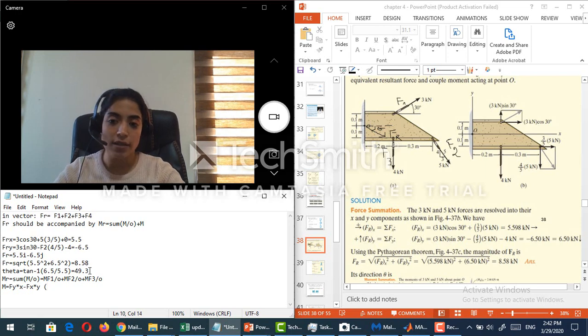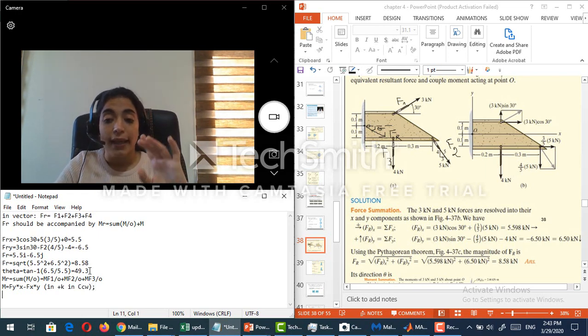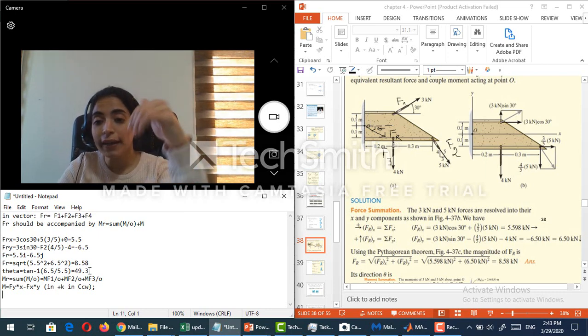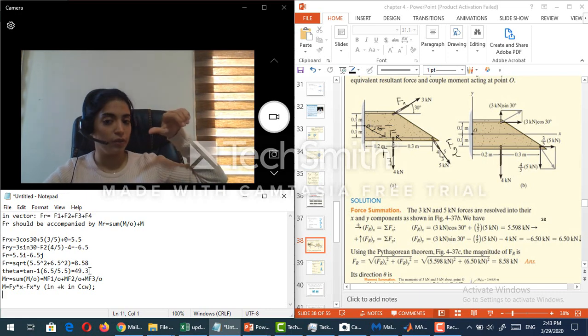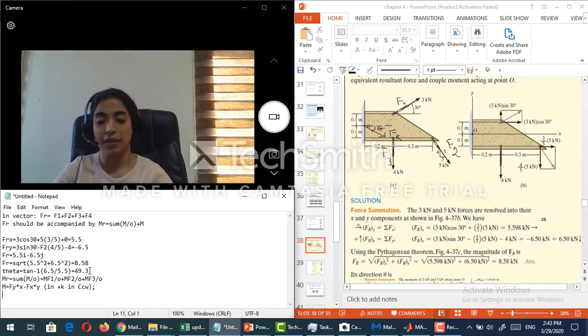And don't forget, guys, that in this method, the moment will be given in plus k or counterclockwise direction. So this method will give me a moment in plus k, or in counterclockwise direction. Did you see? This is the counterclockwise direction.